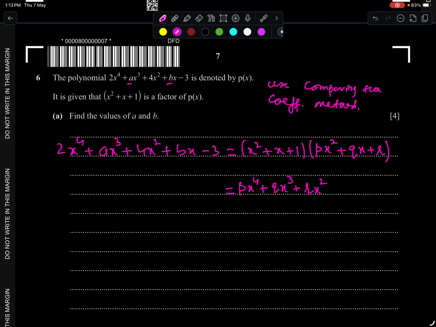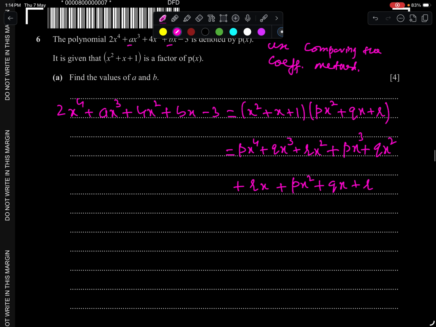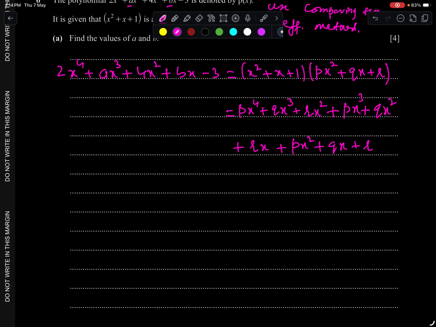Similarly, when we multiply x with this whole thing, we will get px cube, qx square, plus rx. Now when we multiply 1 with this, we just need to copy the entire factor, px square plus qx plus r. Now comparing the coefficients of like powers of x on both sides.